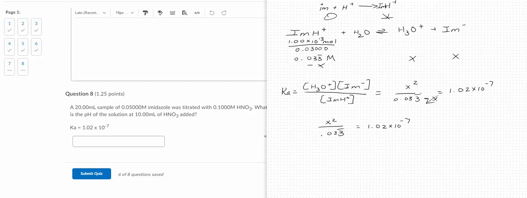That needs to be the concentration, not the total volume. So that value, still in my calculator, times 1.02 times 10 to the negative 7. So we end up with x squared equals 3.4 times 10 to the negative 9. So x is equal to 5.83 times 10 to the negative 5th.